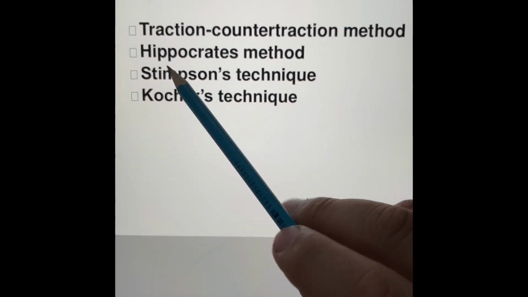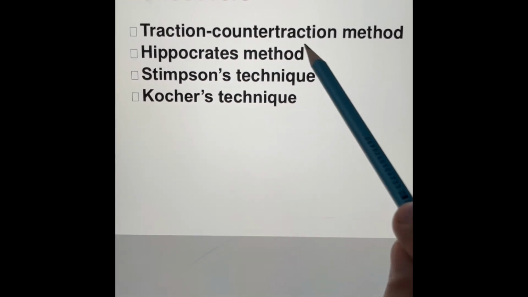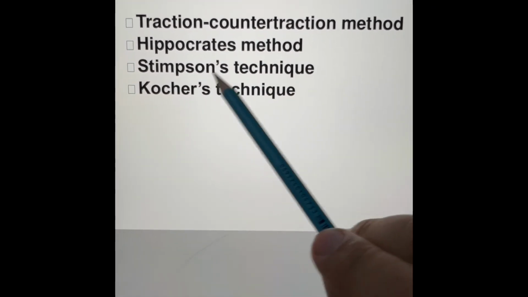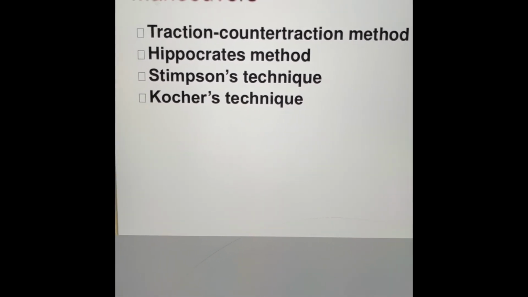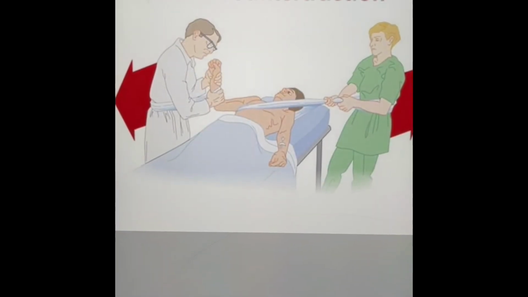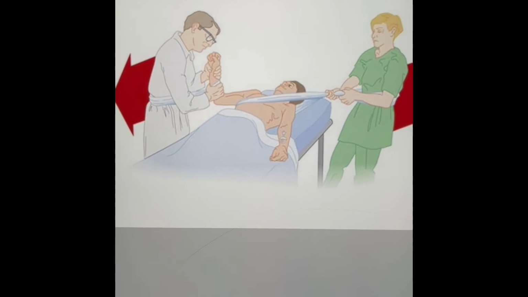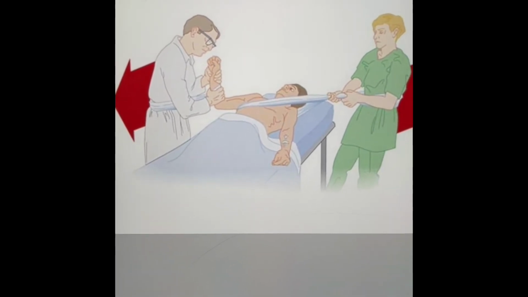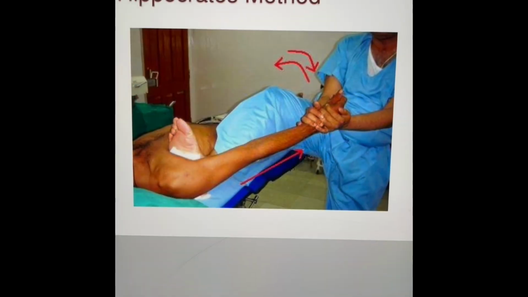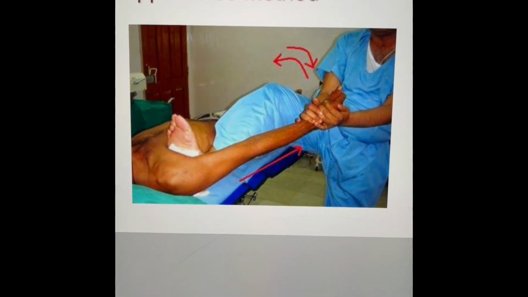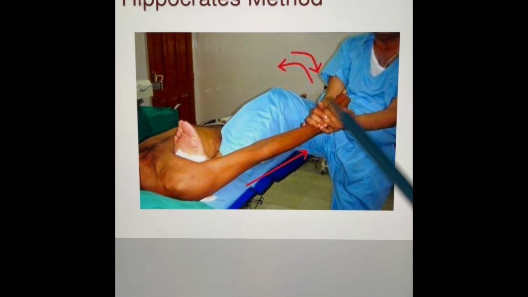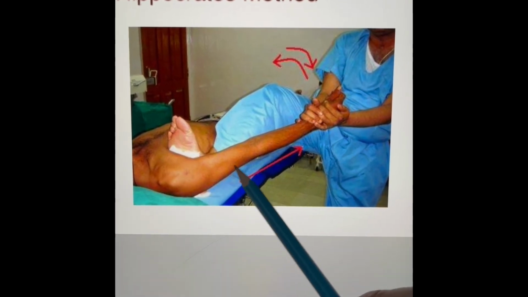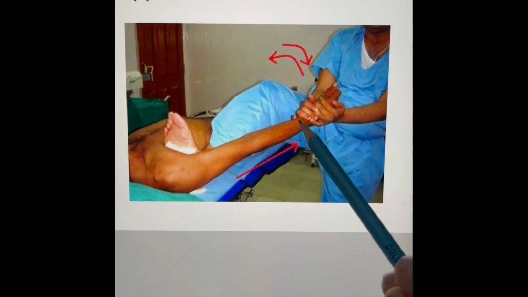There are some methods which are traction, counter traction, Hippocrates method, and we will see them in the pictures. This is the traction, counter traction method. One person is holding the strap and the other is pulling the arm. This is the Hippocrates method. Here the foot is in the axilla while he is pulling the arm.